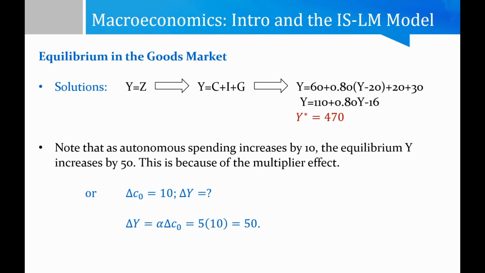This is because of the multiplier effect. Take note that when we calculated the value of the multiplier a while ago, we derived a value of 5. Since autonomous spending increases by 10, equilibrium Y increases by a multiple of 5 of the increase in autonomous spending. I hope you get the intuition of the multiplier effect.